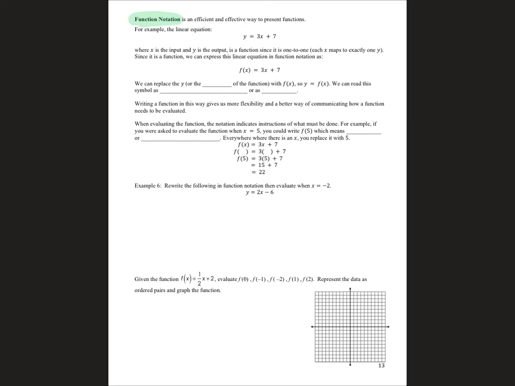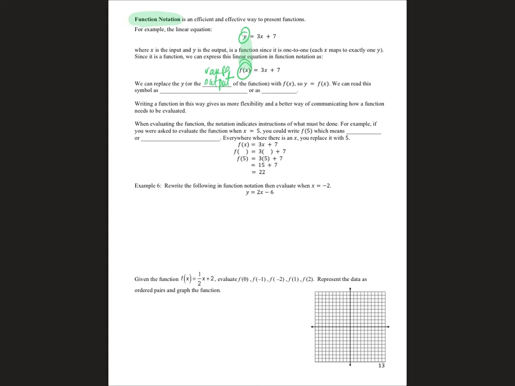So instead of writing y equals 3x plus 7, where the output y depends on some rule being performed on x, I can literally rewrite y as being a function of x, f of x. So we replace the y, or the output value, the range value, with f of x.